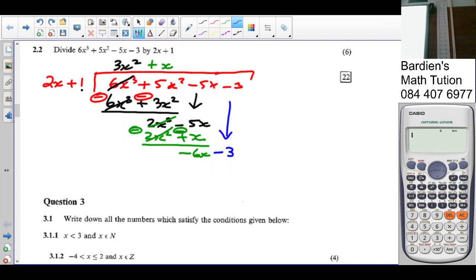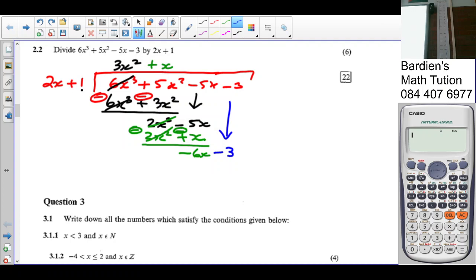Many years ago, this was in grade 9. So the grade 9s complained and they cried, so they took it out. Every time they reviewed the syllabus, they made it a bit easier and easier. So now you will never get a sum like this.